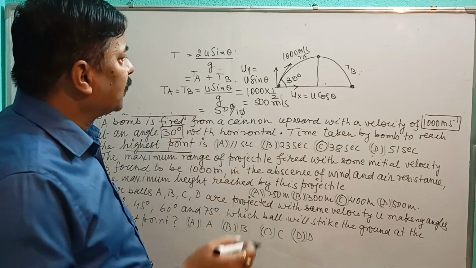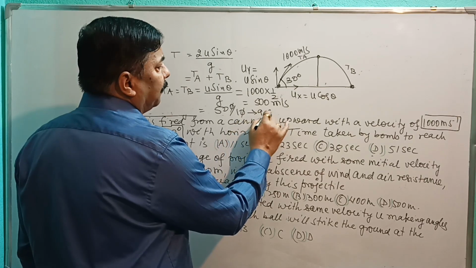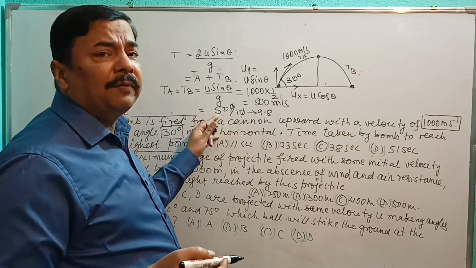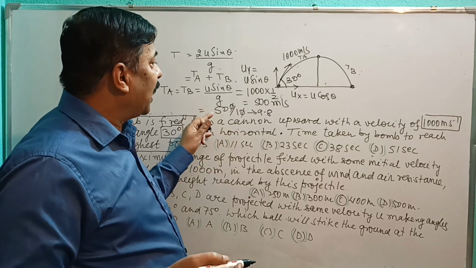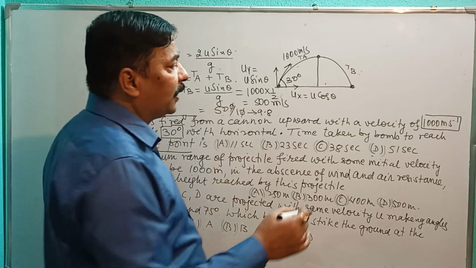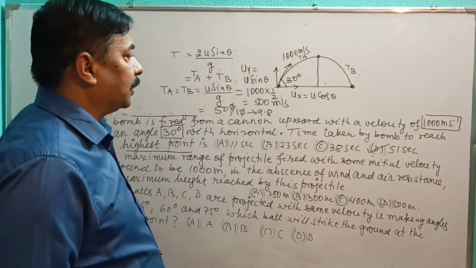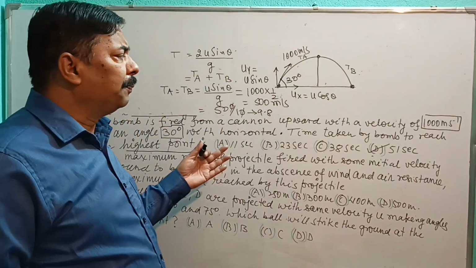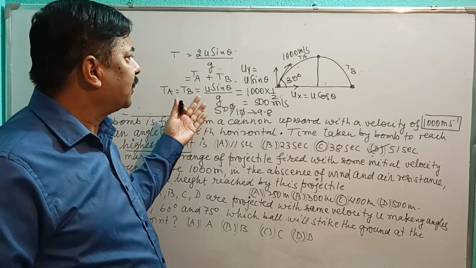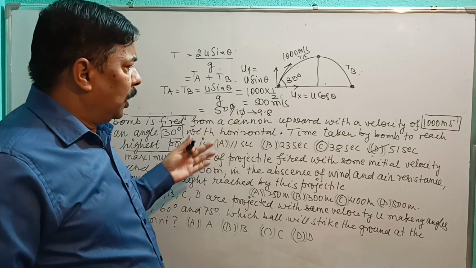So what we can understand is that if we replace g by 9.8, the denominator will be less, so the quantity will be more, and naturally if the answer is coming 50, the answer should be more than 50, and therefore D, 51 seconds, is the correct option. So this is also something you have to apply, and it is the basic formula practice that is being tested in this question.